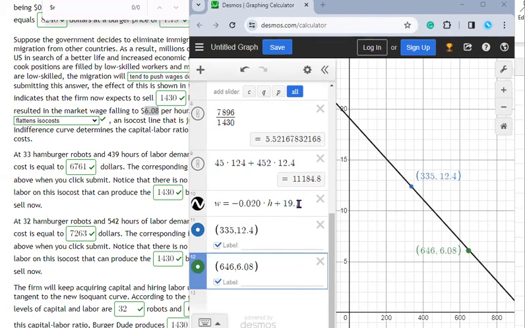So I went ahead and derived a line that fit both the initial quantity of labor demanded by the firm when the wage was 12.4, and the final amount of labor the firm demands at a wage of 6.08, right? And you can see it's downward sloping. So this black line would be called the labor demand equation, right? The vertical axis is the wage rate, and the horizontal axis would be the hours worked.